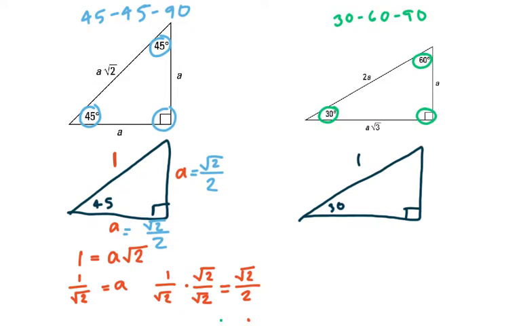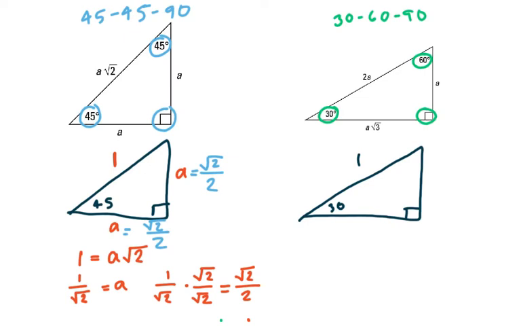Now let's do the same thing for our 30, 60, 90-degree triangle. Again, we're going to have the same ratio of side lengths for every triangle that has these three angle measures of 30, 60, and 90 degrees.